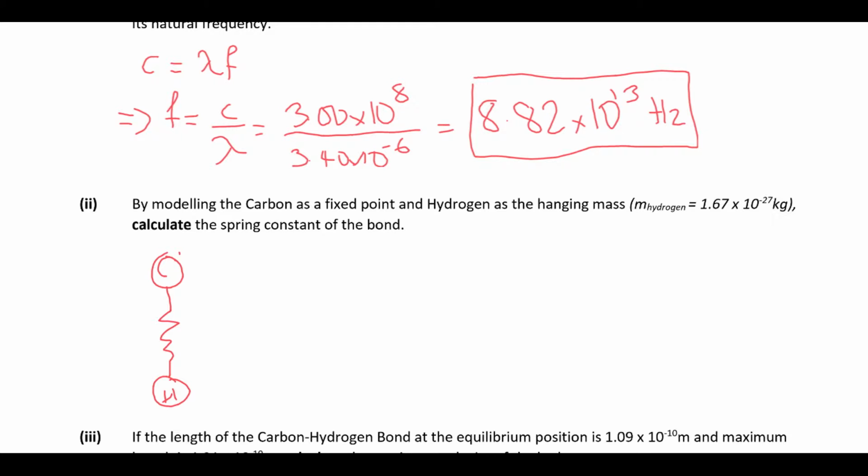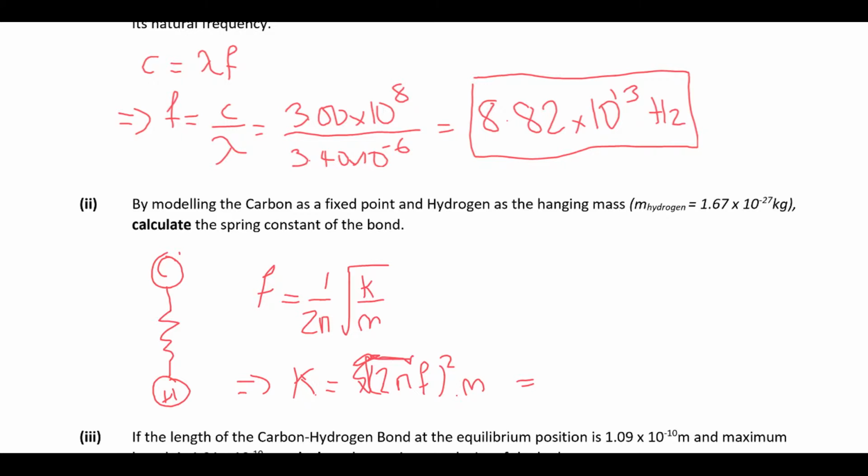And so the frequency of an SHM system is given like this for a spring system. So that means to get k, we're going to need to take 2 pi to the other side. Not square root, what am I doing? We're going to square and then multiply by the mass.